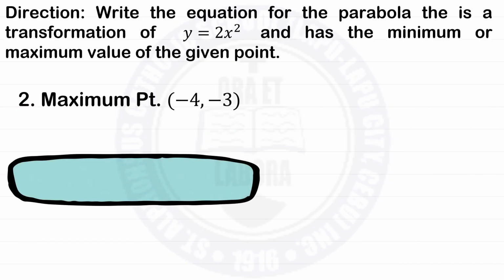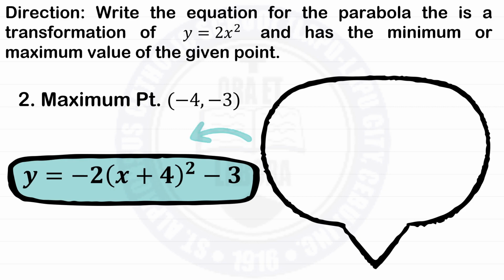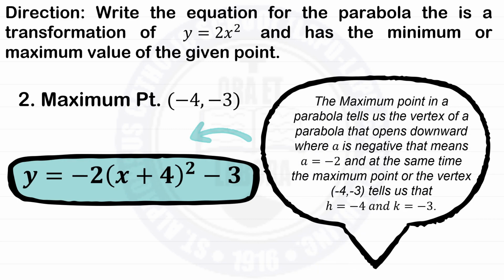Number 2. Maximum point (negative 4, negative 3). The equation of the parabola is y equals negative 2 times quantity x plus 4 squared minus 3. The maximum point of a parabola tells us the vertex, and it opens downward, where a is negative.